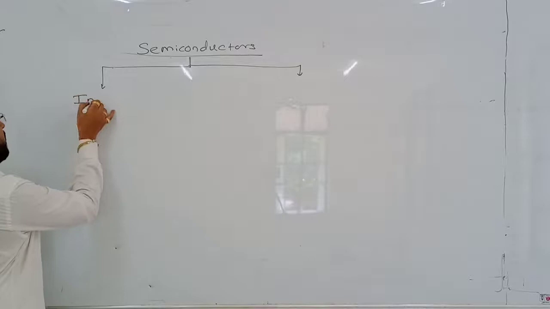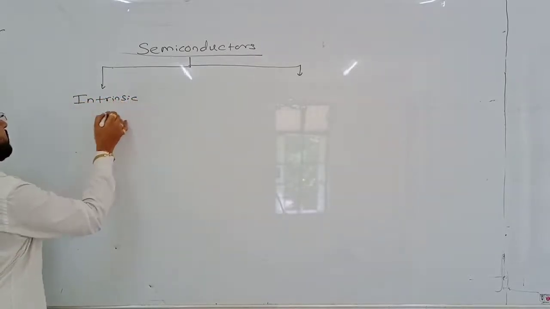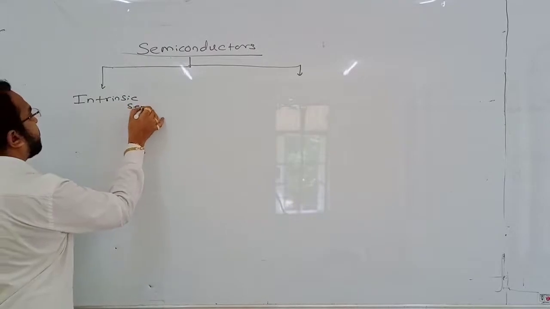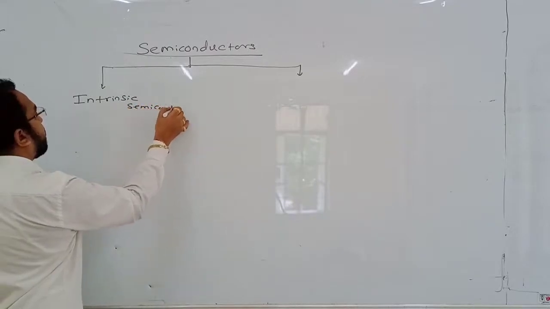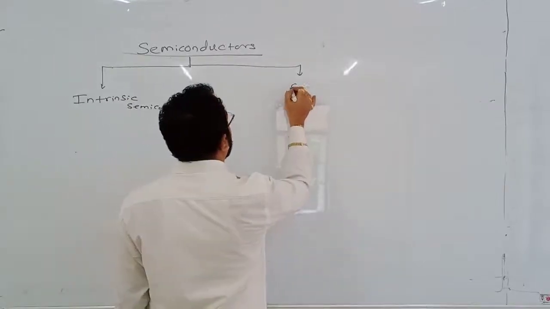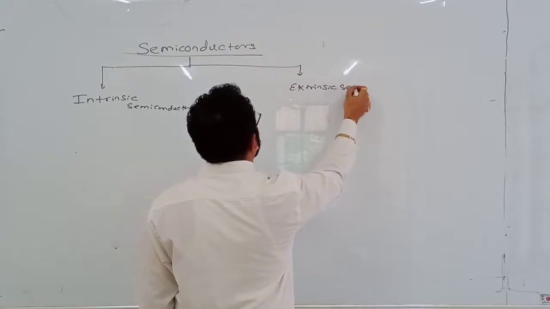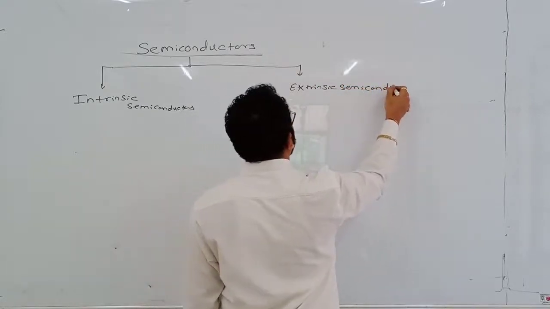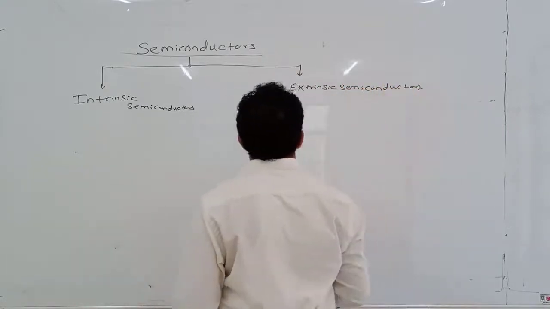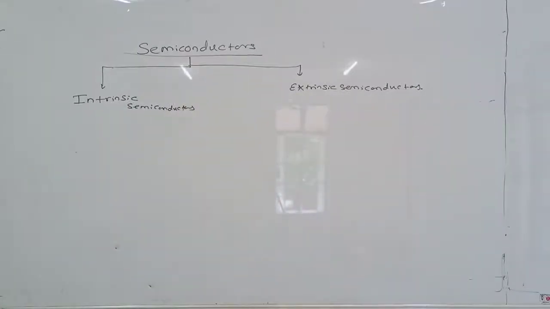The first part is intrinsic semiconductors, and the next part is extrinsic semiconductors. These are the two parts.